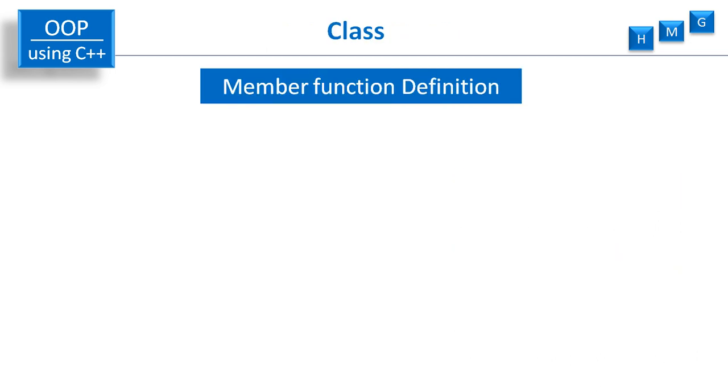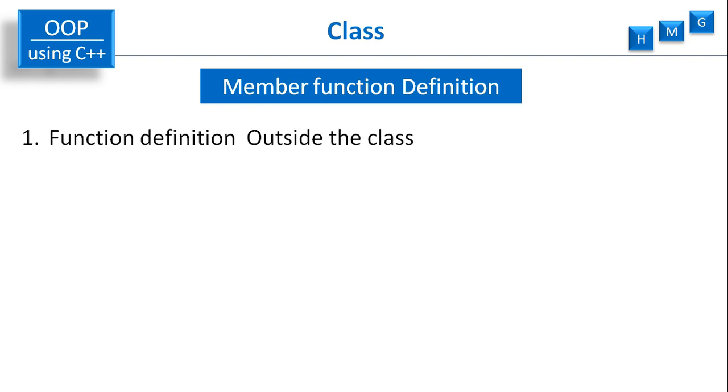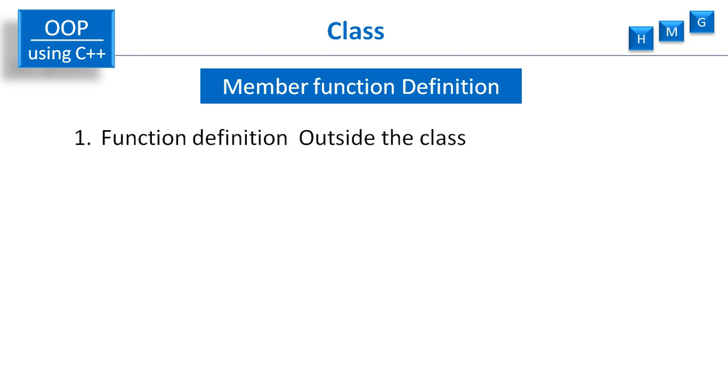Second part of the class definition is member function definition. In the first part we studied class declaration. Now whatever member functions are declared in the public section, we are going to define them. So there are 2 ways to define the member functions. First, function definition outside the class.